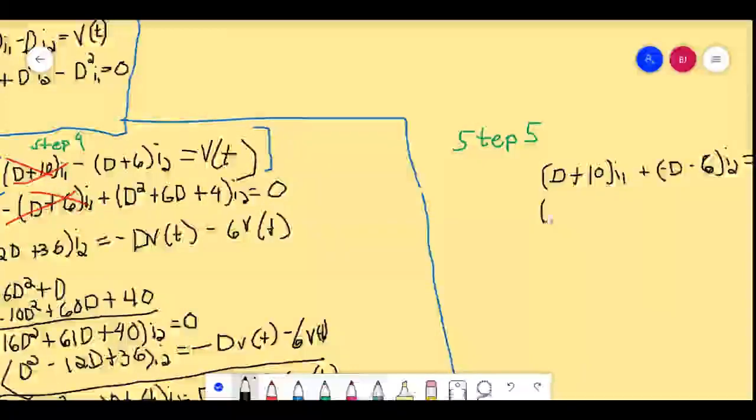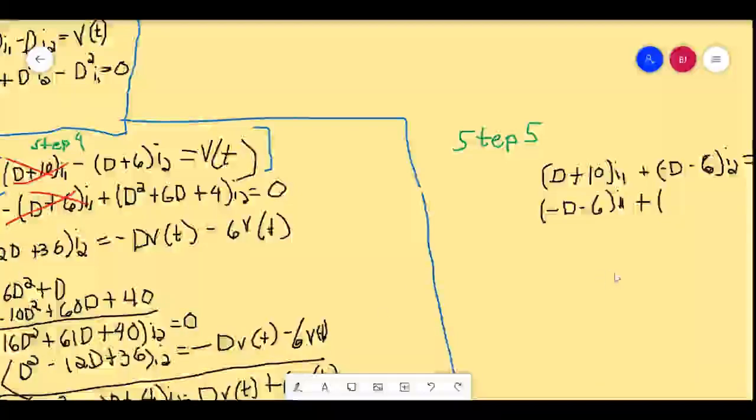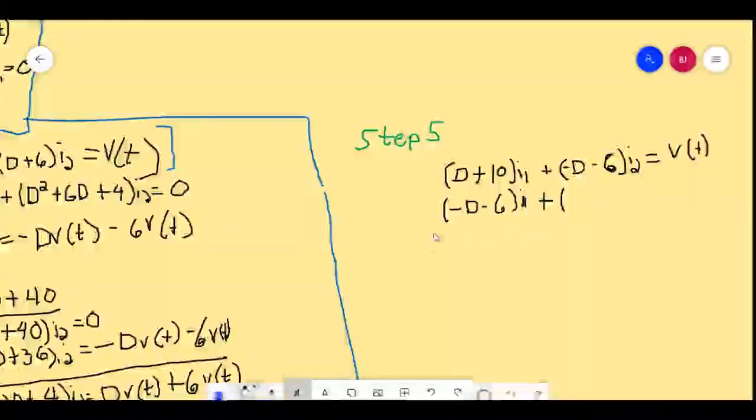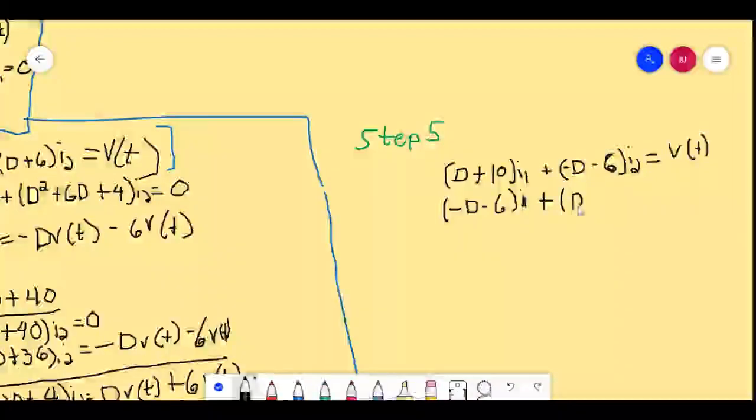Negative (d minus 6) I1 plus (d squared plus 6d plus 4) I2 equal to 0.